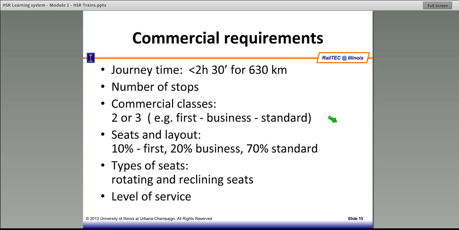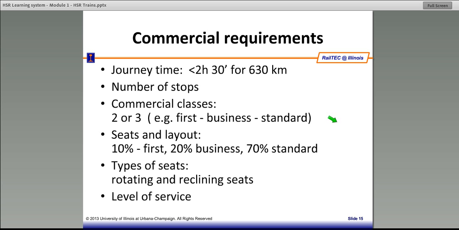That would be a commercial requirement. And how many stops you want. You will also consider how many classes you want on the train. Maybe 2 classes or 3 classes: first, business, and standard.